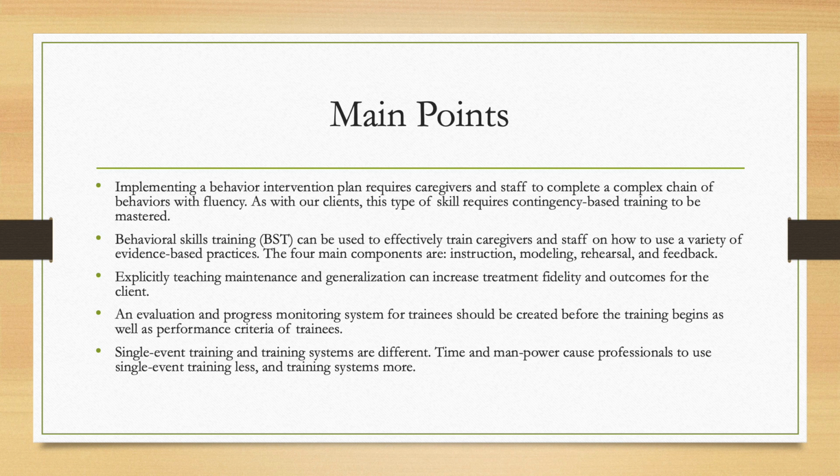For example, in terms of maintenance, the main thing, based on what the text says, is that you really need to look at the natural reinforcements that are going to pop up because of this. In the example of ignoring screaming behavior, one would hope the parent or caregiver starts to see that the screaming behavior is decreasing. Of course that's going to help them maintain their reaction to it.